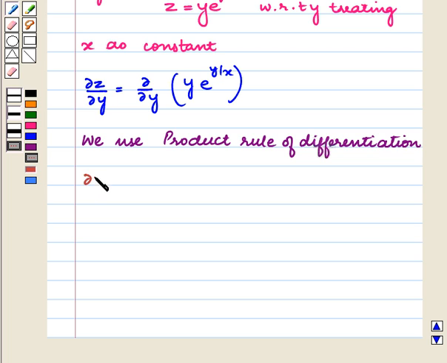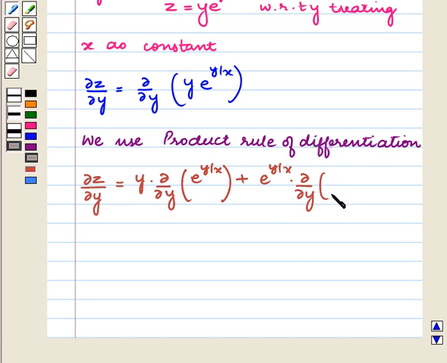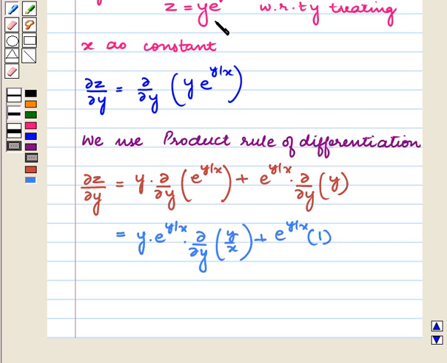So the partial derivative of z with respect to y is equal to y into del by del y of e raised to power y by x plus e raised to power y by x into del by del y of y. So this is equal to y into e raised to power y by x into del by del y of y by x plus e raised to power y by x into 1.